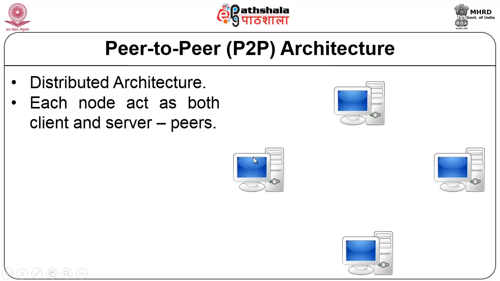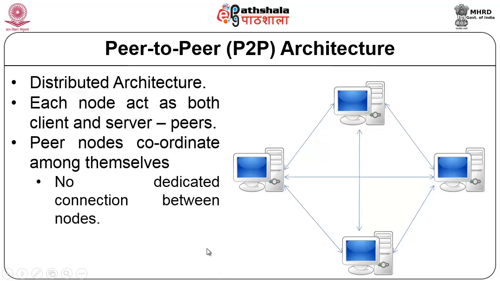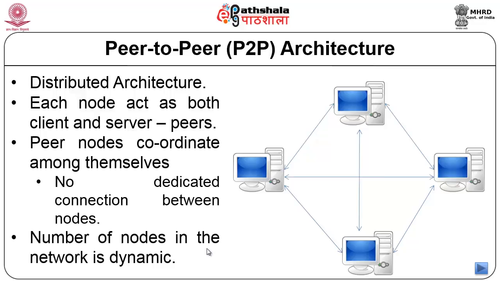It can act either as a client or as a server. So, how do they communicate? They will coordinate among themselves. There are various methods that have been developed for this coordination. They will coordinate among themselves, and they will make sure that the data is available. There is no dedicated connection between these nodes. And the most important part of having a P2P service is that the number of nodes is dynamic.